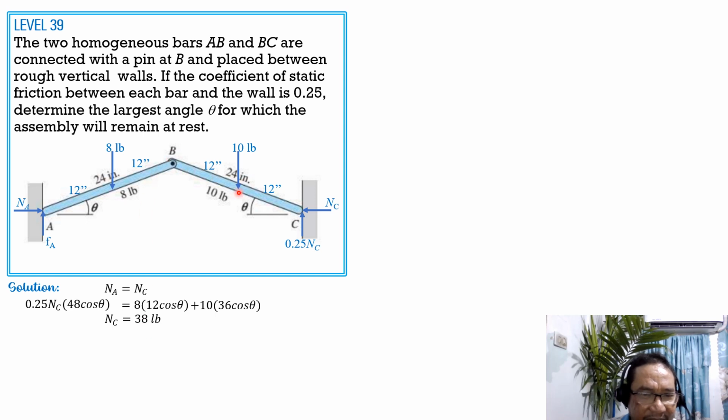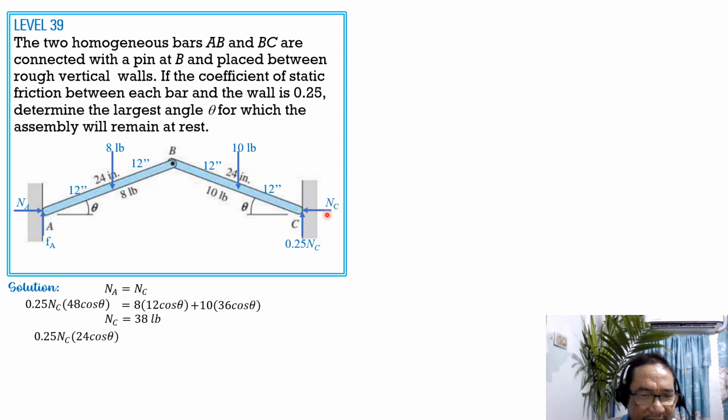Then imagine that BC is isolated, and we sum up moment about B equals 0. So we have 0.25 N sub C times 24 cosine of theta, which is counterclockwise, equals clockwise moment.